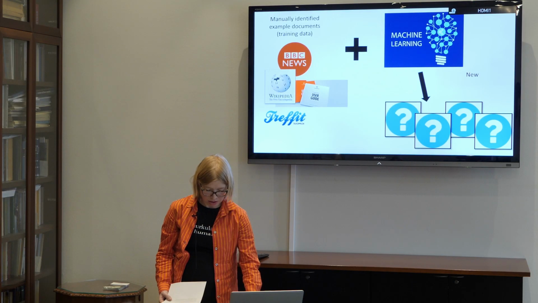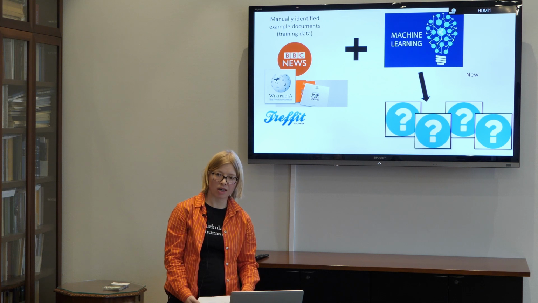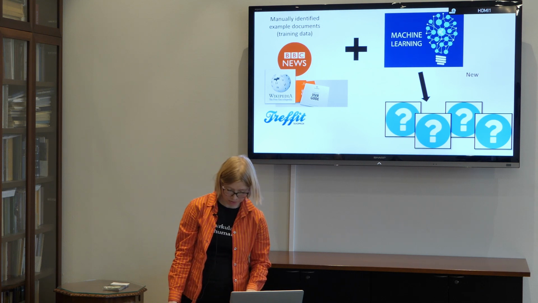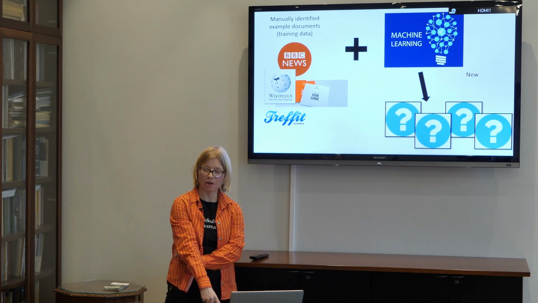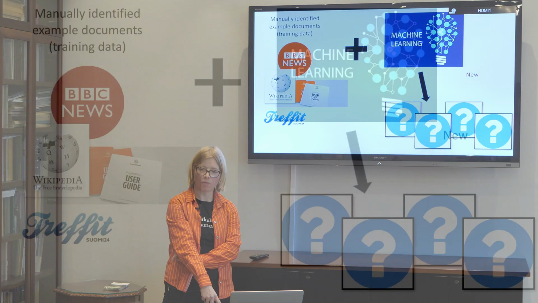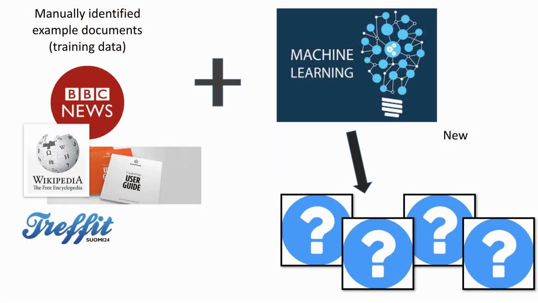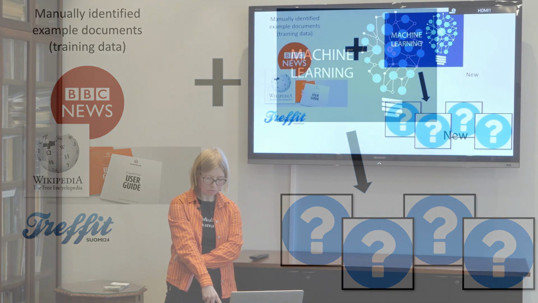So we are working on this by examining a large selection of documents from the Finnish internet and trying to classify them according to the model developed in Arizona when they were doing their experiment.